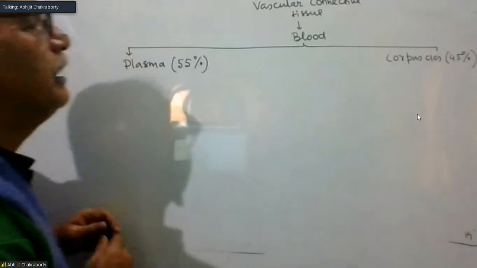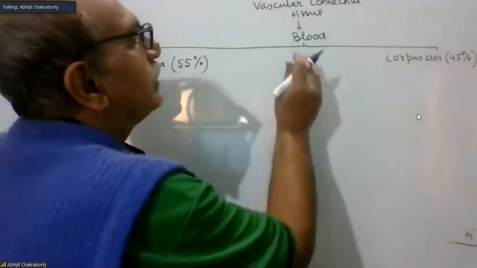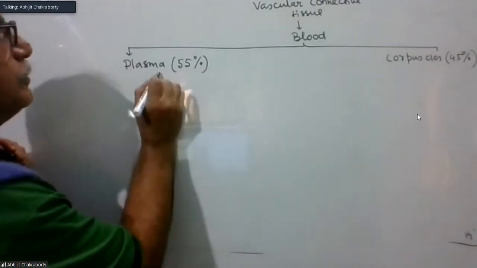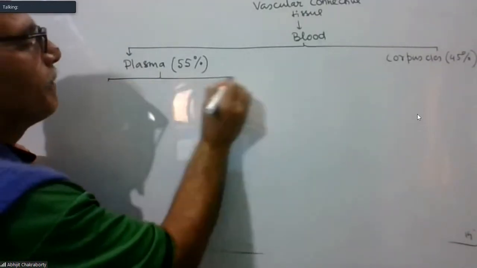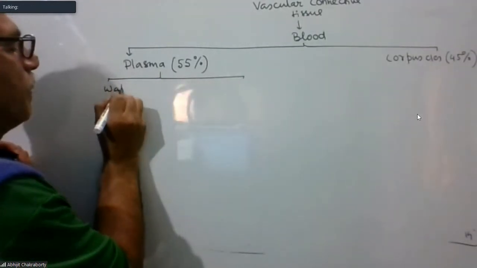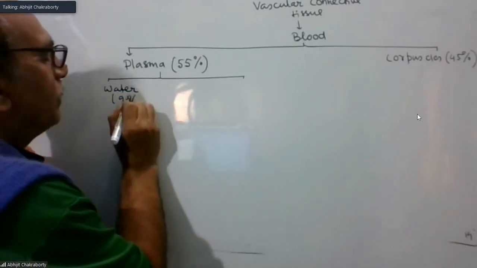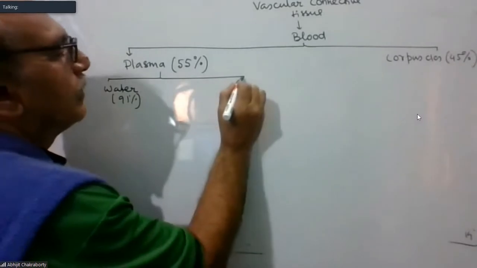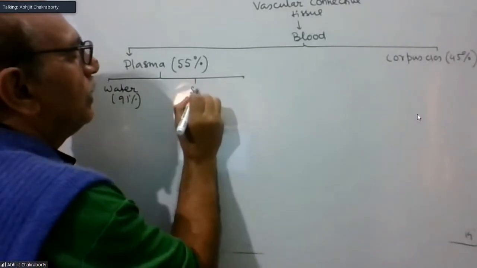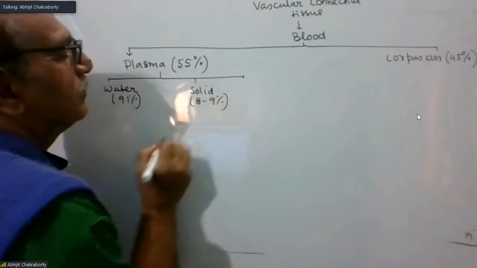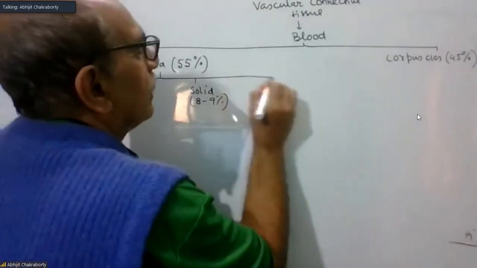One thing I am telling you: the plasma part consists of water, almost 91%, solid 8 to 9%, and gases.